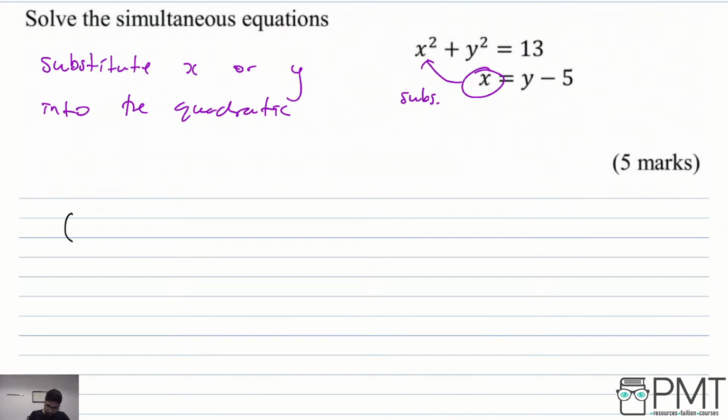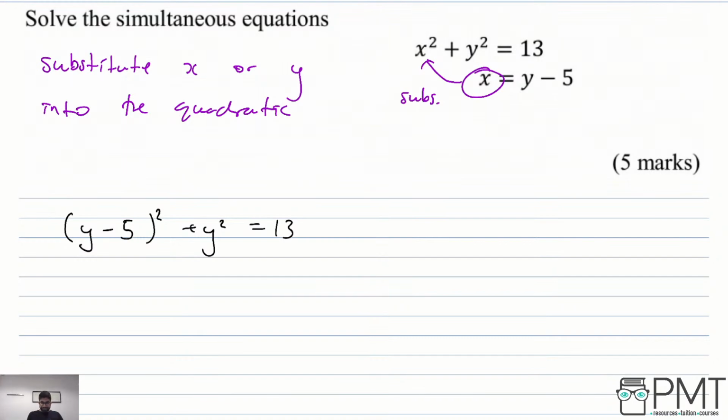So instead of x squared, I'm going to say y minus 5 whole squared. The next term is y squared, and that's equal to 30. Right, Jackie, y squared plus 25. Let's expand and see. It looks right, actually.